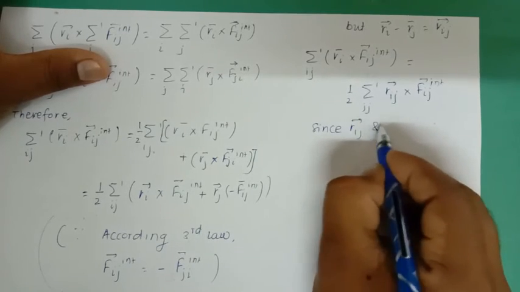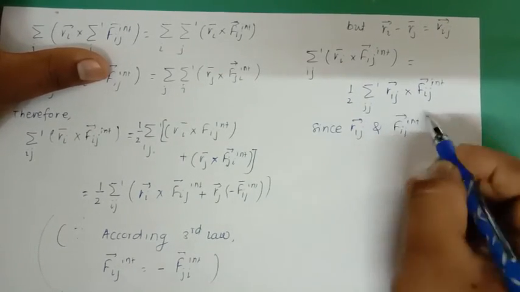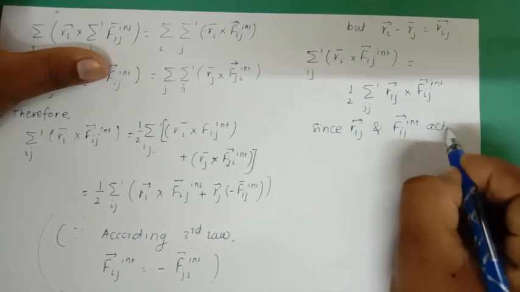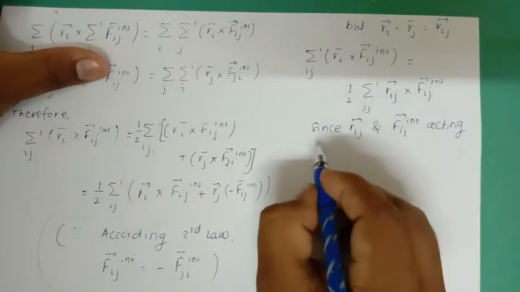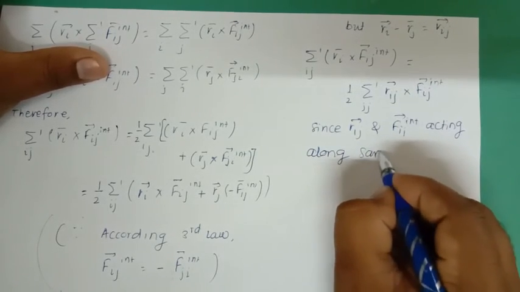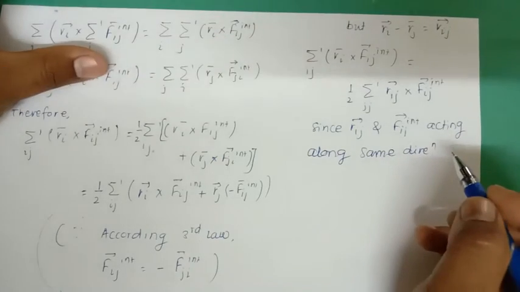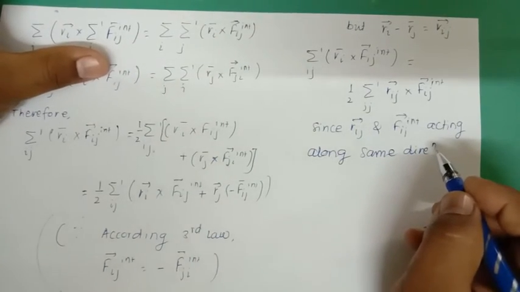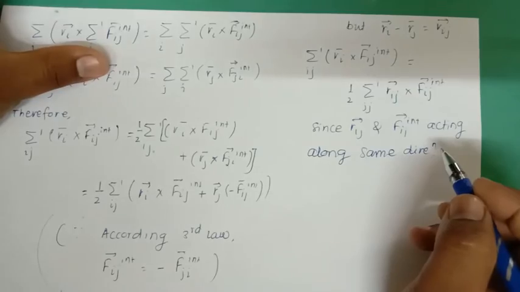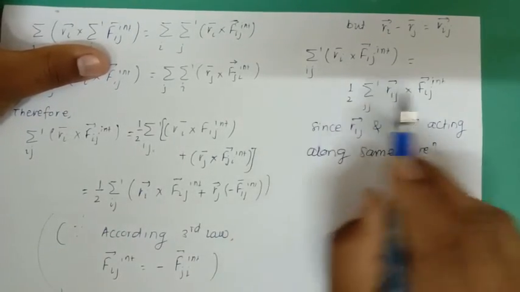Rij and the internal Fij act along the same direction. If two vectors are in the same direction, the angle between them is 0, so the cross product of these two vectors comes out to be 0.